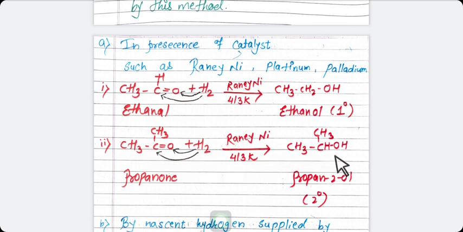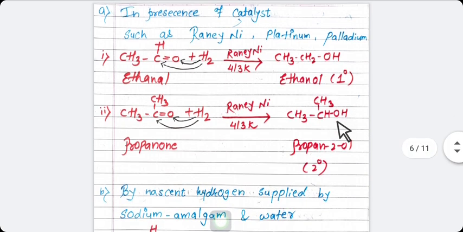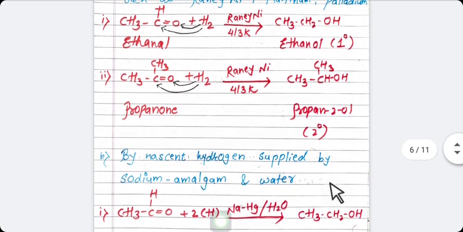So it gives secondary alcohol, propan-2-ol. 2 degree means secondary alcohol, propan-2-ol. So students, always remember, aldehyde on reduction gives primary alcohol, ketone on reduction gives secondary alcohol.